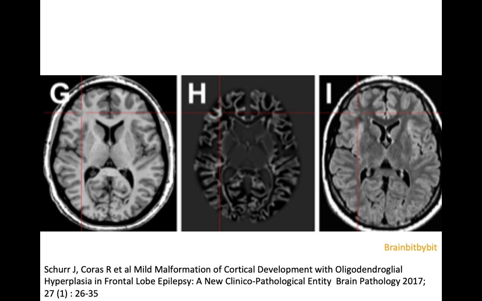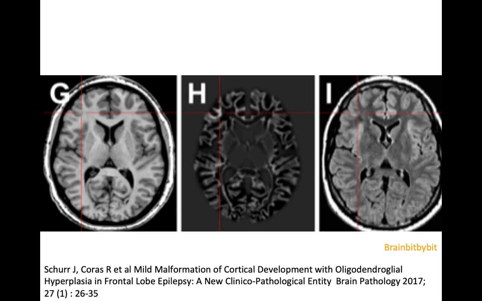And there are sometimes abnormalities that are even more subtle than typical FCDs, pointed out by this program, where you have, for example, some cortical thickening or some subcortical hyperintensity, but not all the FCD features.